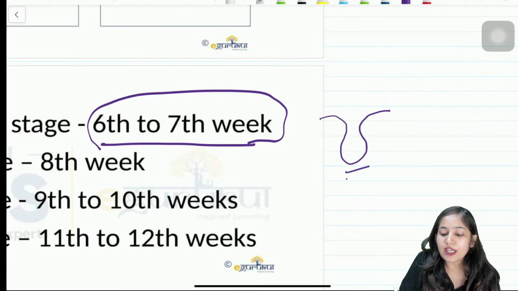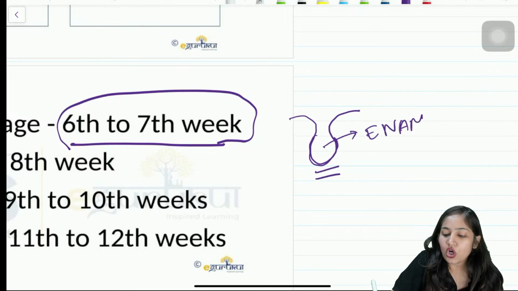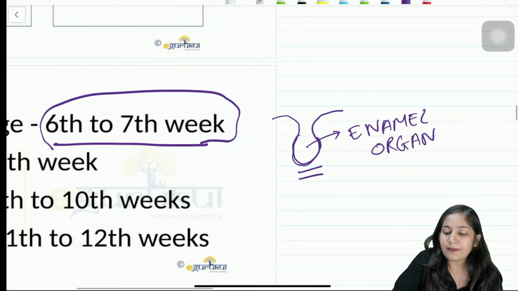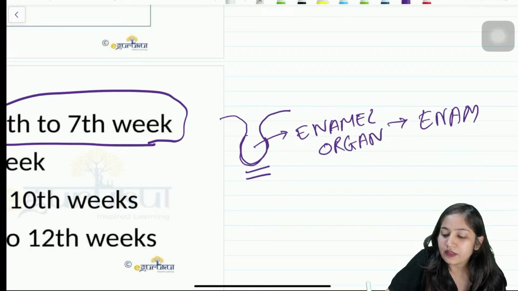So based on the shape of the enamel organ, this ectodermal portion is our enamel organ. So definitely this enamel organ will lead to the formation of enamel in future, right?